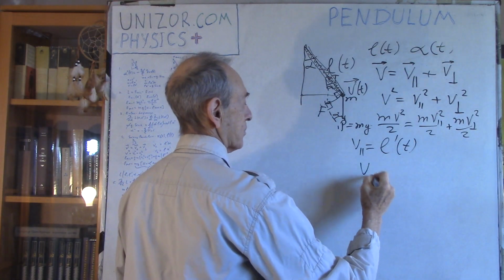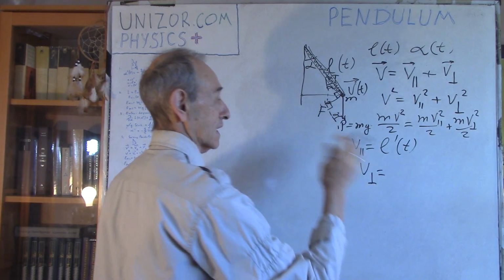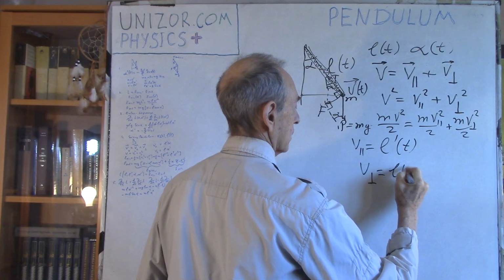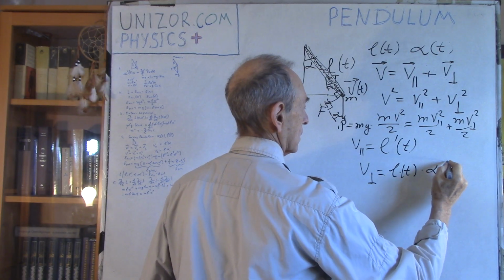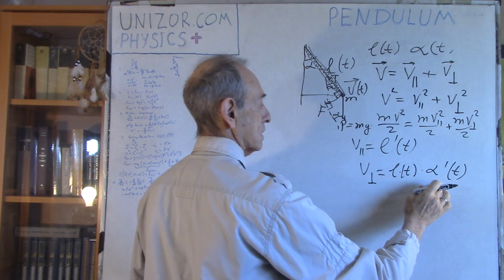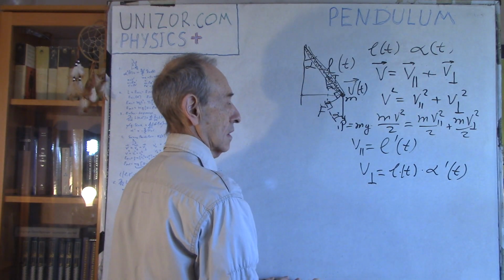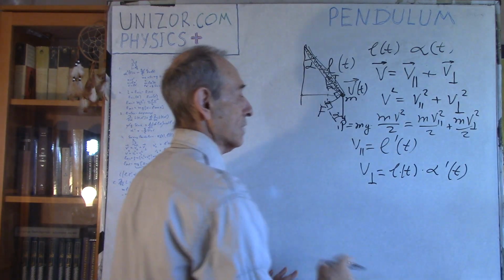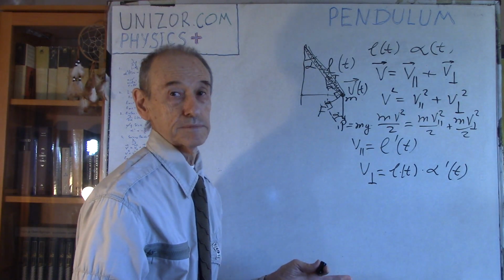And what is my perpendicular speed? That we already did in the previous lecture. It's L of t times alpha prime of t. Angular speed times radius. So we have a relatively easy expression for both of them, and kinetic energy is done.